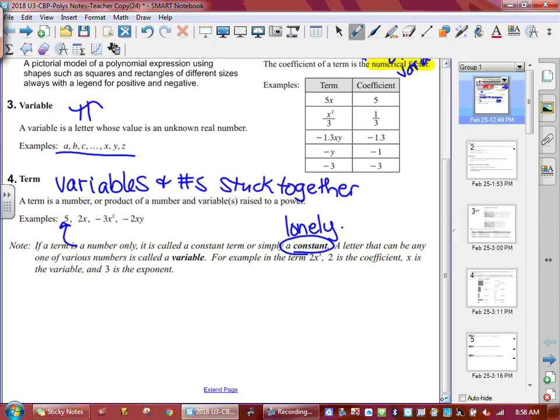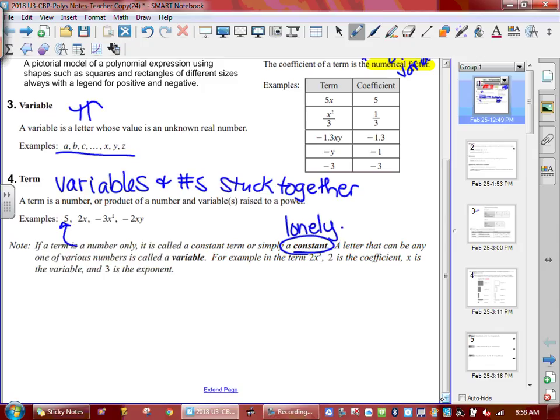So they could have a positive variable, a negative, so a positive coefficient, a negative coefficient. They could have 2 letters stuck together, that's okay. They could have a bunch of letters stuck together, and that's okay. All right? So, whenever we're just talking about a digit by itself, though, we only refer to it as a constant term. Okay?